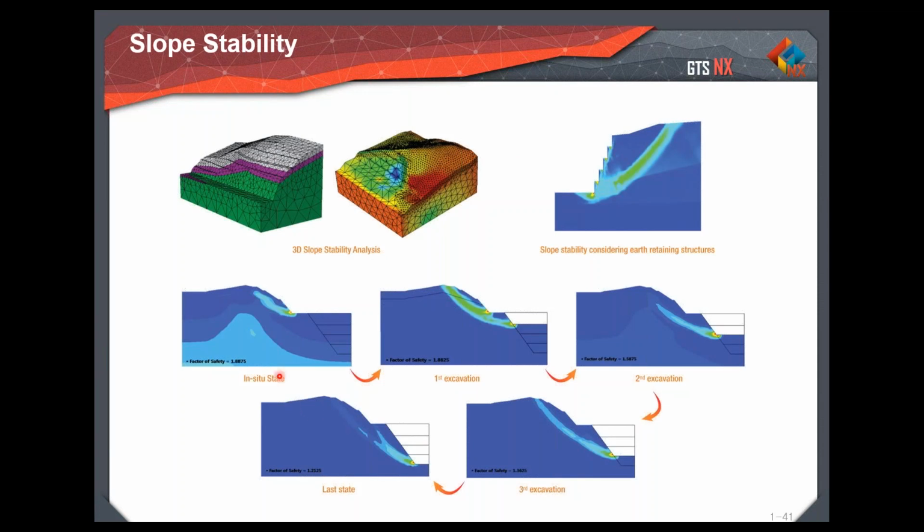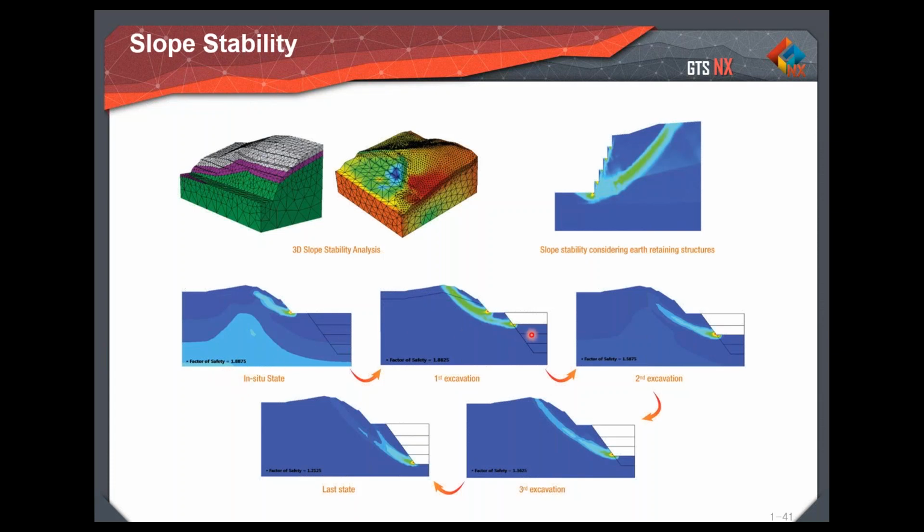So I will go for excavation in construction stage analysis, but I need to have the factor of safety at each excavation, whether the excavation I'm doing is safe or not, because that excavation might cause a failure surface, and what is the factor of safety accordingly. So we need to find them in different stages.